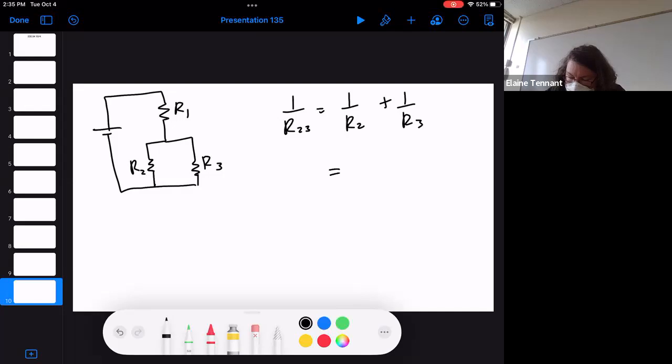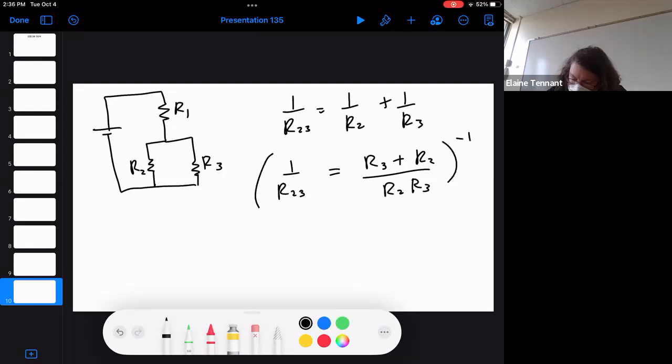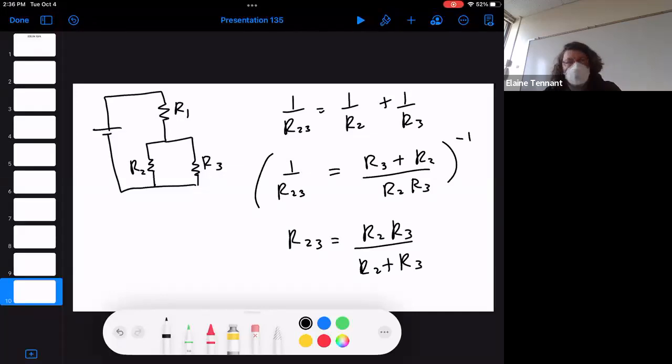I'm going to go ahead and find the common denominator, R2 over R2 times R3, because that'll make this easy to invert. So R2 times R3 over R2 plus R3. Sound good?